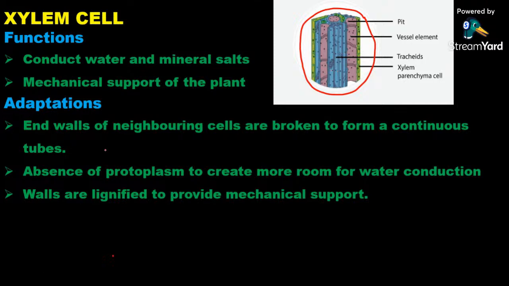So one of the specialized cells that we are going to look at is called the xylem. Now, what are the functions of the xylem? It conducts water and mineral salts. Like I said, don't confuse the function of the root hair cell and the xylem.